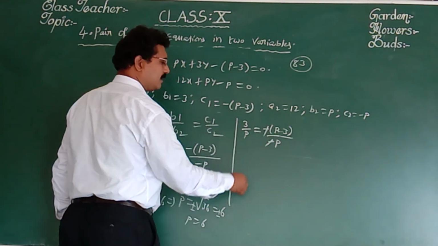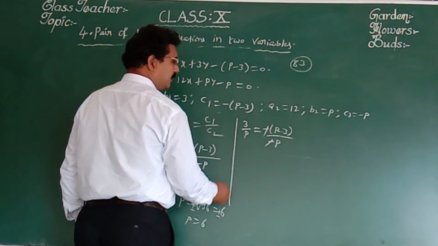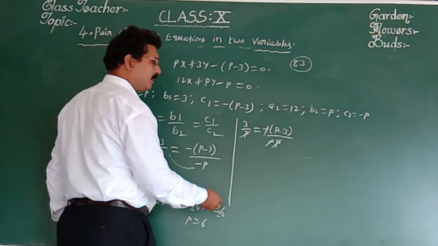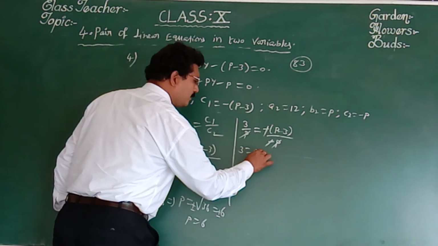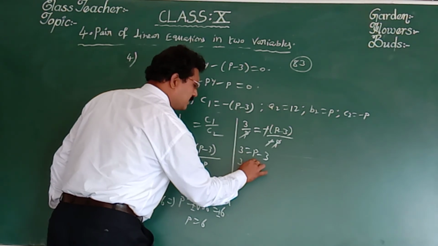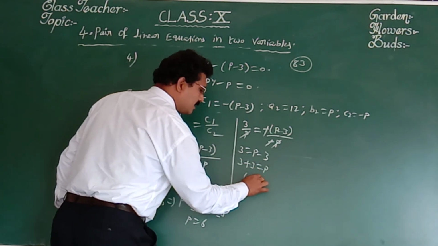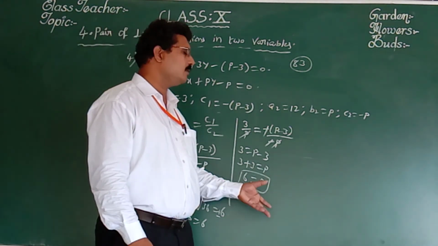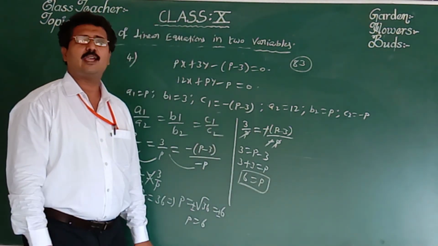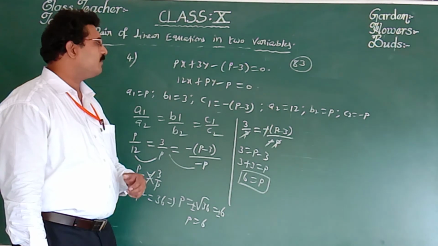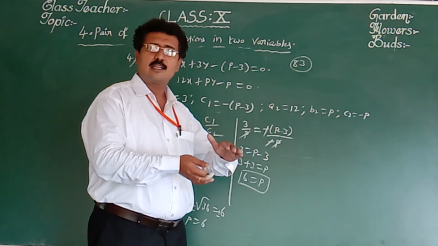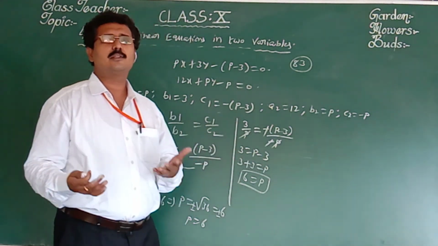Minus minus cancel. Here p also gets cancelled, same denominator. So 3 = p - 3. 3 + 3 = p. 6 = p. So here also p = 6. So for the positive value p = 6, then only those two are coincident lines, and hence infinitely many solutions.